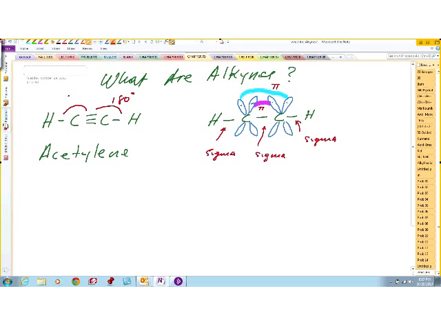The same thing here. In other words, this is a linear molecule. And that will impact on the chemistry of these molecules. Okay, so now let us begin to take a look at the nomenclature of alkynes.